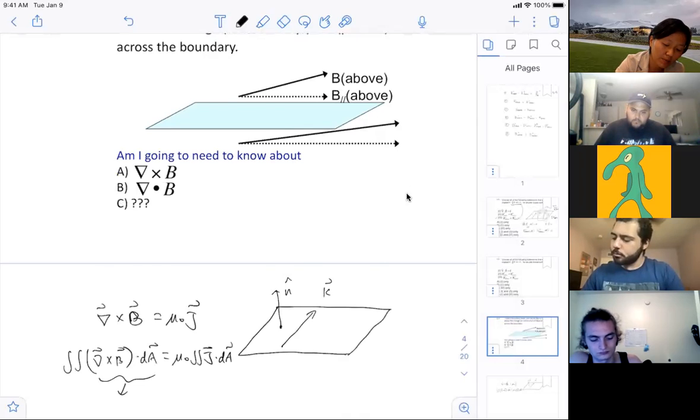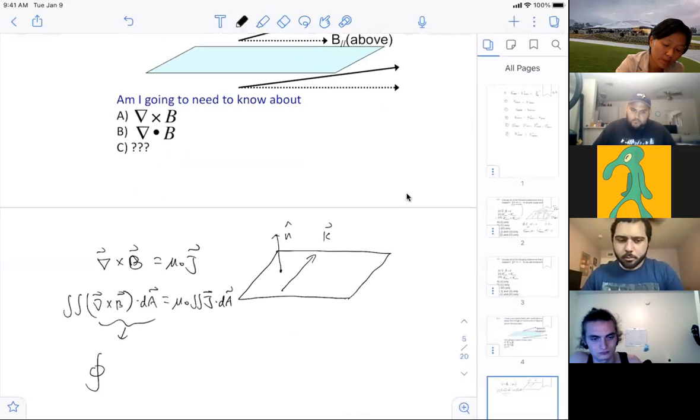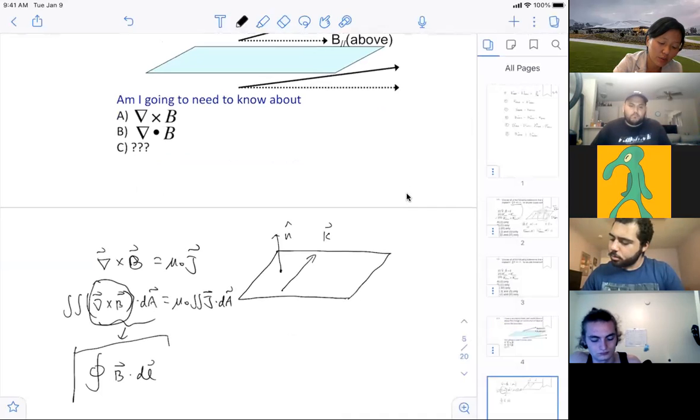This actually becomes what? The closed line integral of B dot dl, right? So when we see a curl, we know that we can evaluate a circulation of the vector field. That becomes mu naught J dot dA, which is current I through.